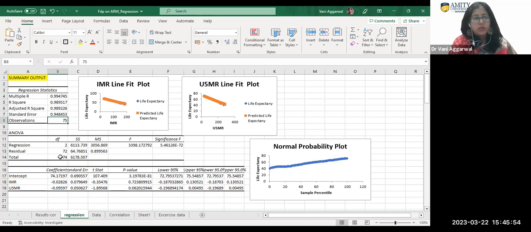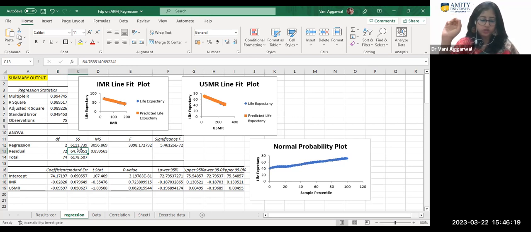Okay, right? And then degree of freedom. Now this is sum of square. Excel splits the sum of square into two components, regression and residual, right? It gives information about the level of variability within your regression model.